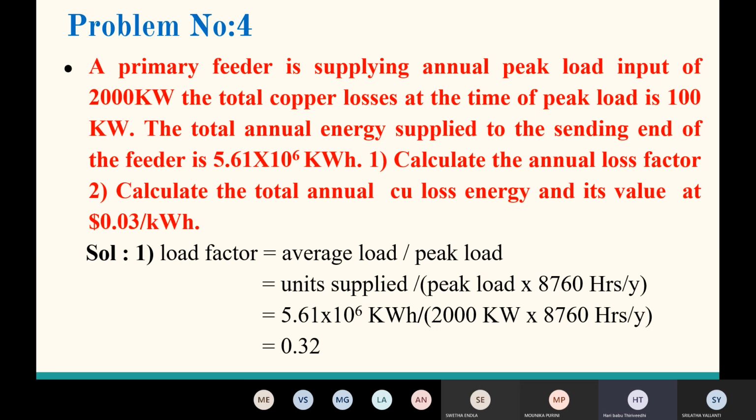The problem: a primary feeder is supplying an annual peak load input of 2000 kilowatt, the total copper losses at the time of peak load is 100 kilowatt. The total annual energy supplied to the sending end of the feeder is 5.61 into 10 power 6 kilowatt hour.